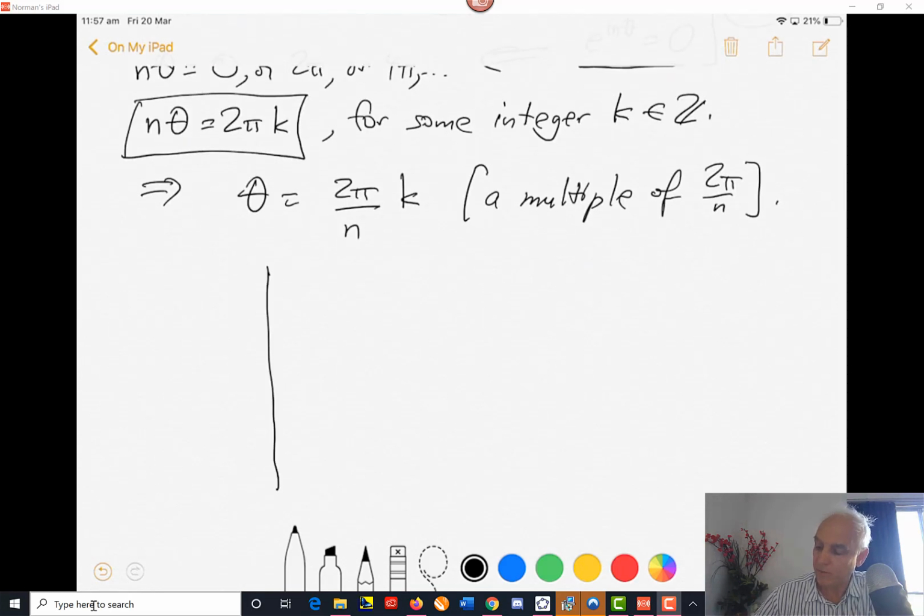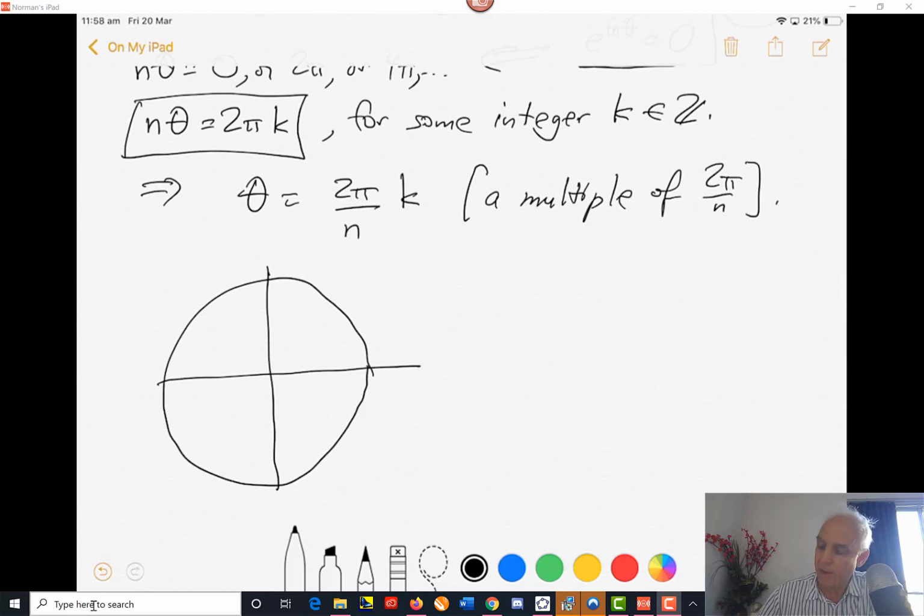We end up with a situation where z has to be on this unit circle, and one solution would be z is e to the i 2 pi on n.